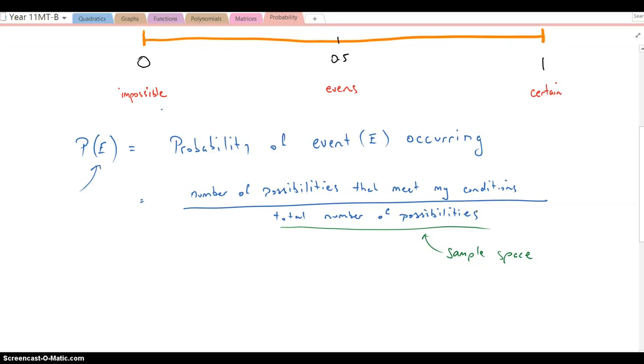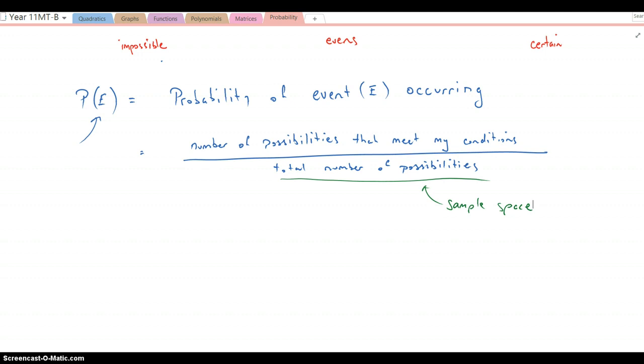So let's have a look at an example. Rolling a die, rolling one of these fellas. So we're going to put some dots on it. It's a 6-sided die, and that's our event.